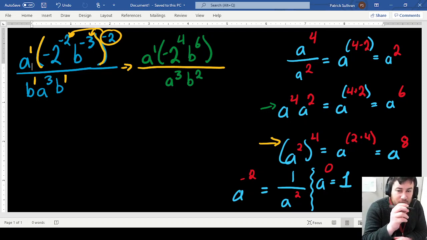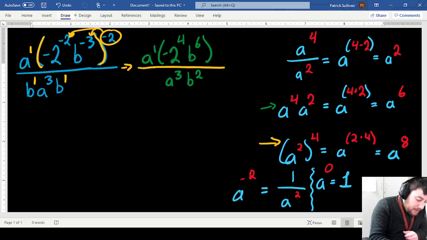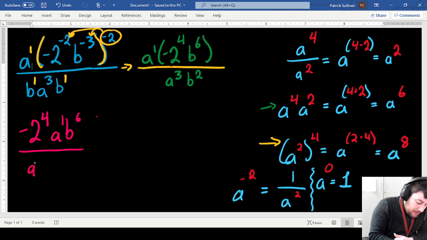Now, at this point, I'm going to rewrite my expression so it's a little bit easier to work with. I'm going to take this coefficient, this -2 to the fourth, and put that in front, just rearranging it. I'm allowed to do this through the commutative property of multiplication, all over a to the third, b to the second. All right, this looks a bit easier to look at.